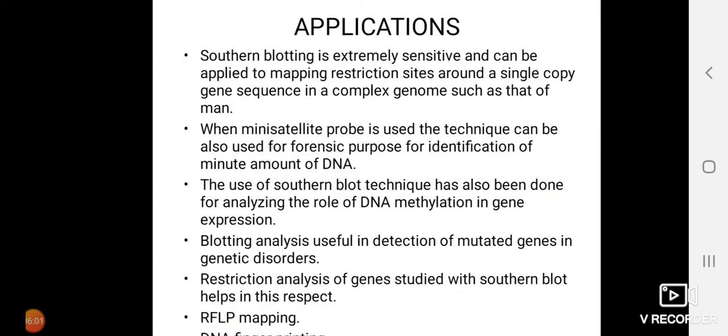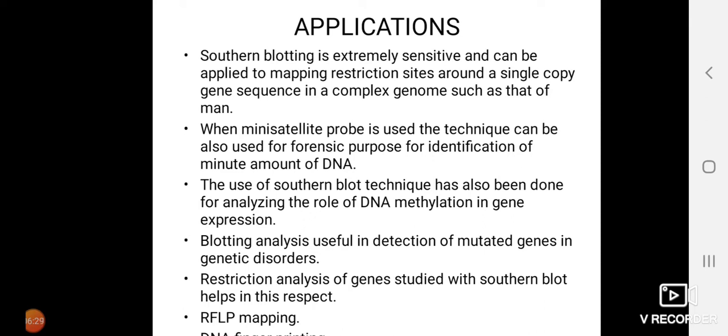The application of Southern blotting: it is an extremely sensitive method for detection. People use it to study complex genomes such as the human genome, and when minisatellite probes are used, the technique can also be used for forensic purposes in order to detect unknown DNA molecules.